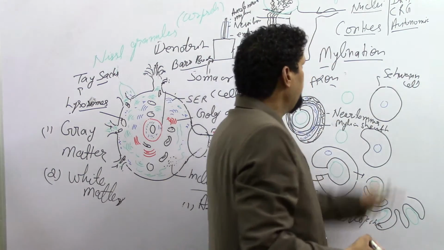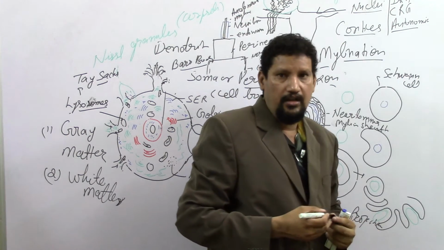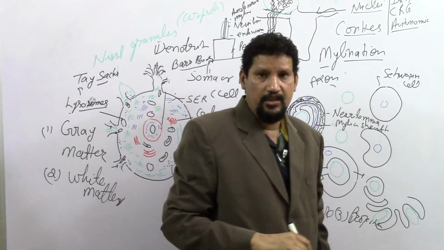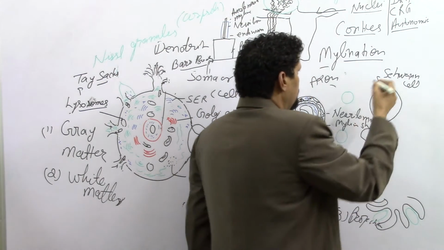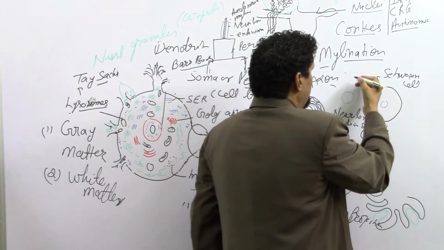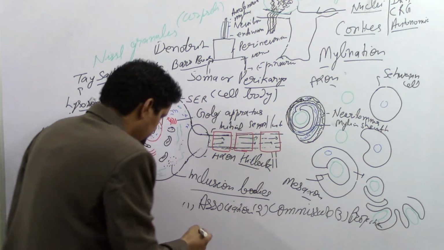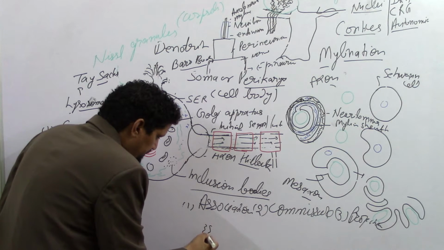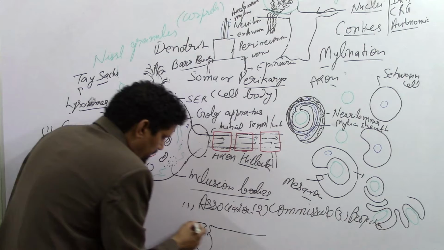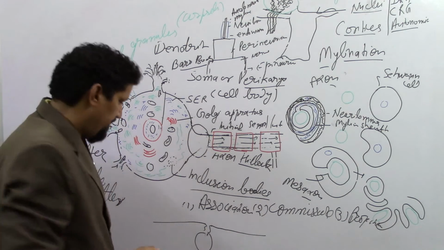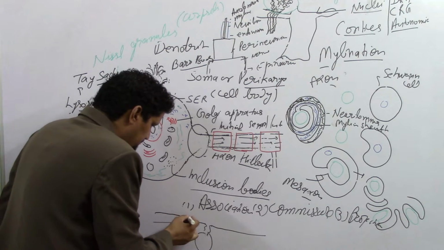The dorsal root ganglion and cranial nerve ganglion have pseudo-unipolar types of neurons. Only 0.5% of neurons in the total nervous system are pseudo-unipolar, and these have a single convoluted process from the soma, which divides into a peripheral process and a central process.